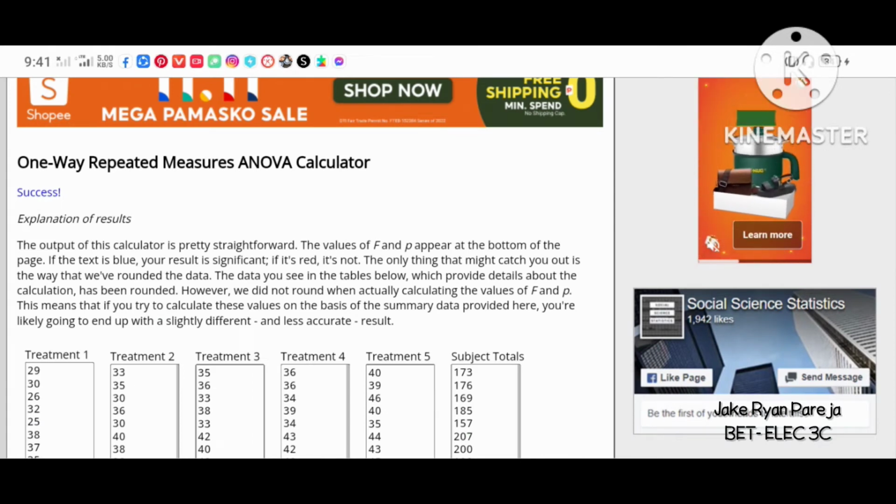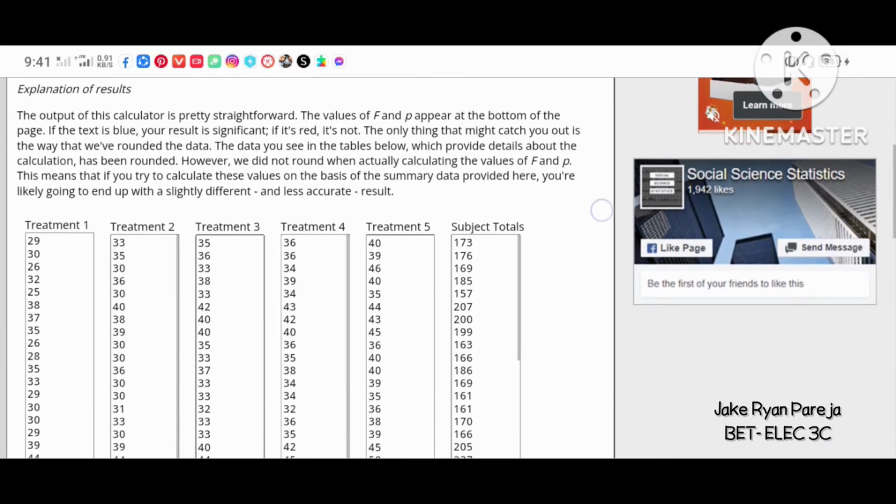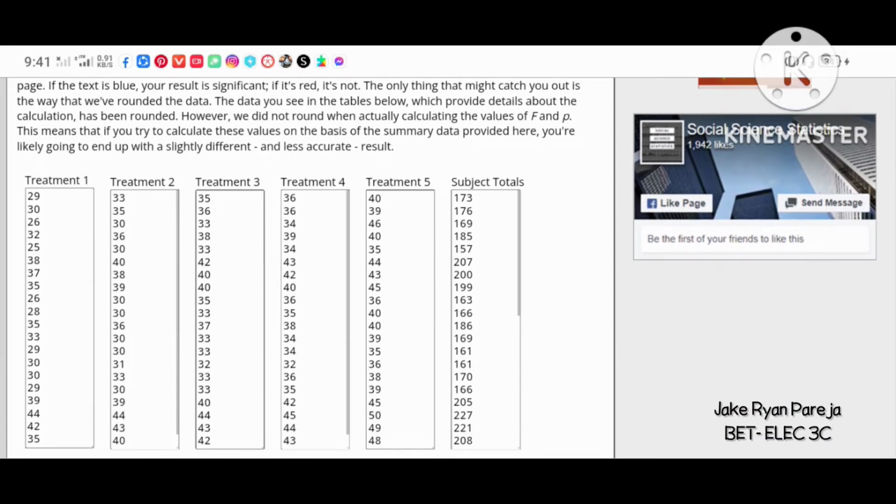As we can see, we have here the normality test result. For test 1, we have 0.41505, which is normally distributed. For test 2, we have 0.35046, meaning this is normally distributed.